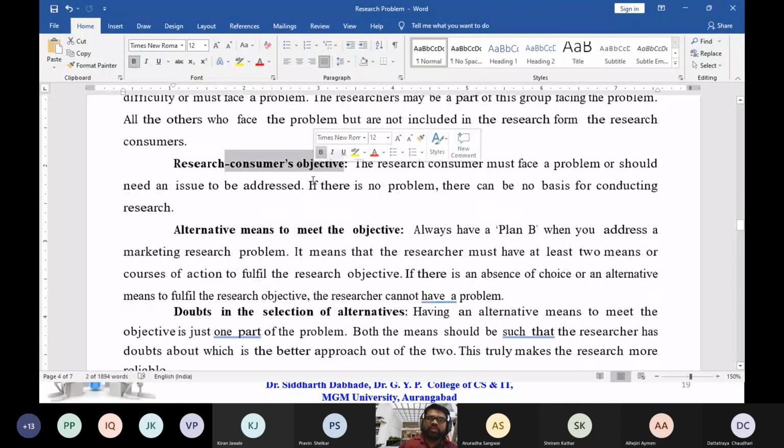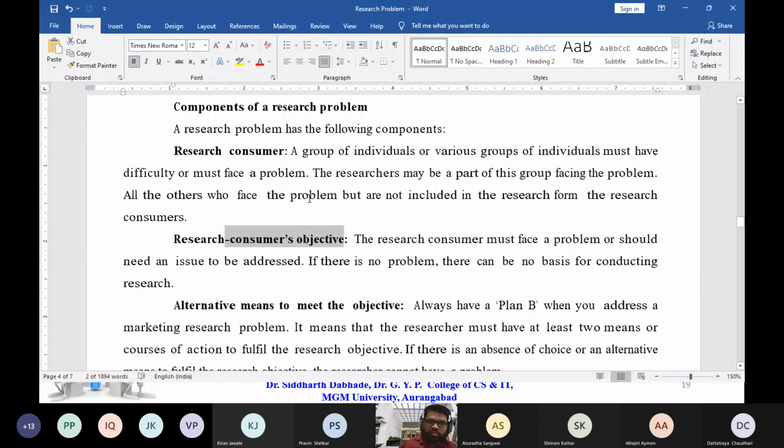Regarding consumer objectives, most consumers try to give good suggestions for a particular product: in this product, this point should be enhanced, new things should be added here. On the basis of that, you need to decide your research problem.